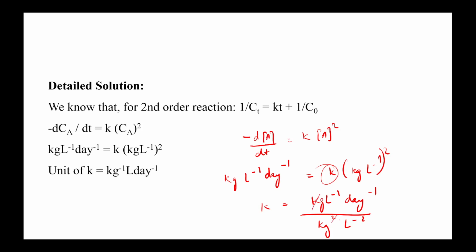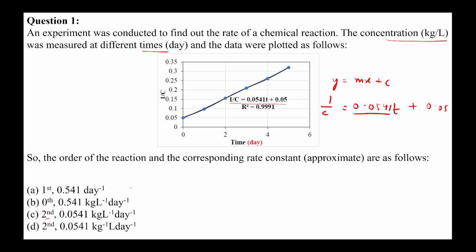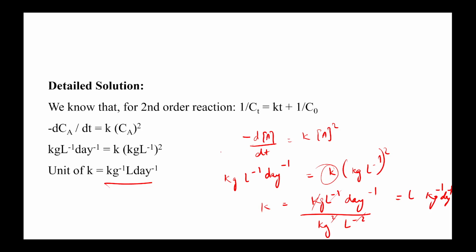So if you see, this will get cancelled out, this will get cancelled out, and you will have liter kg inverse and day inverse, right? Okay, so that is the unit here. So if you see in the options, the fourth option is the correct answer because the unit for the rate constant is correct in this case. Is that clear?